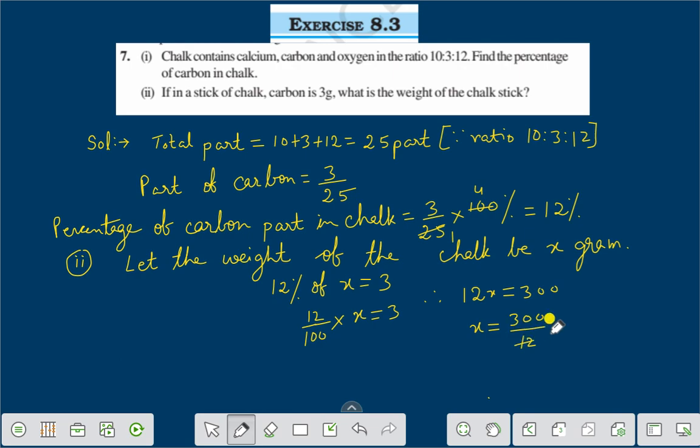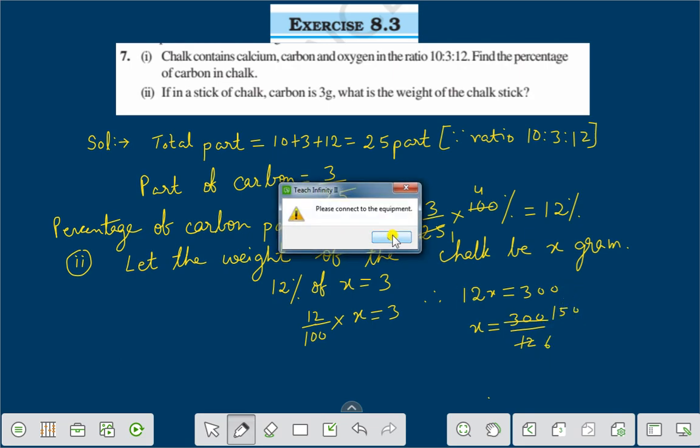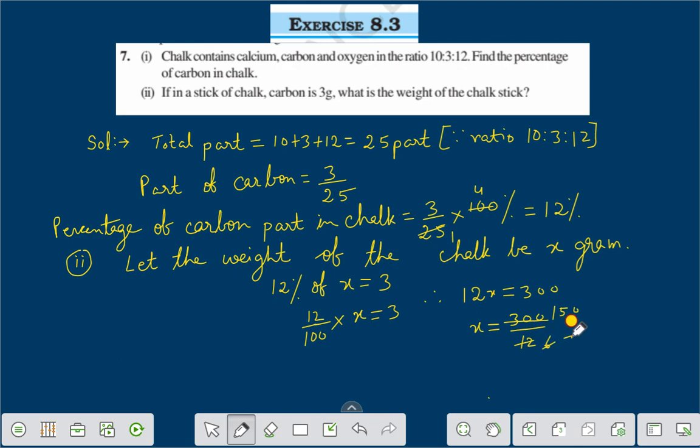We cut it by 2: 2 sixes are 12, 2 ones are 2, 2 fives are 10. Again 2 threes are 6, 2 sevens are 14, 2 fives are 10. Then we cut it by 3: 3 ones are 3, 3 twos are 6, 3 fives are 15, 25.